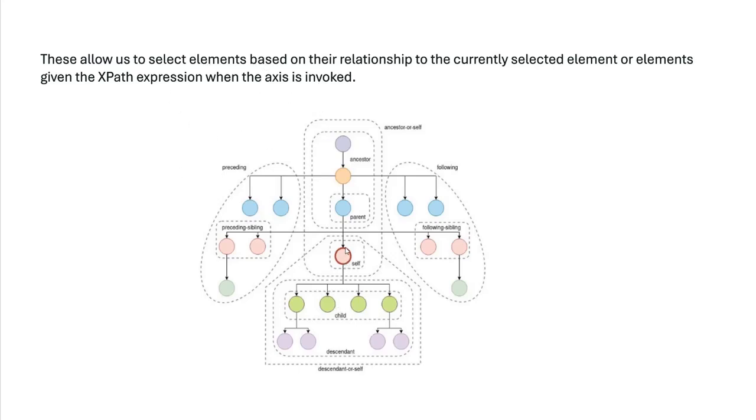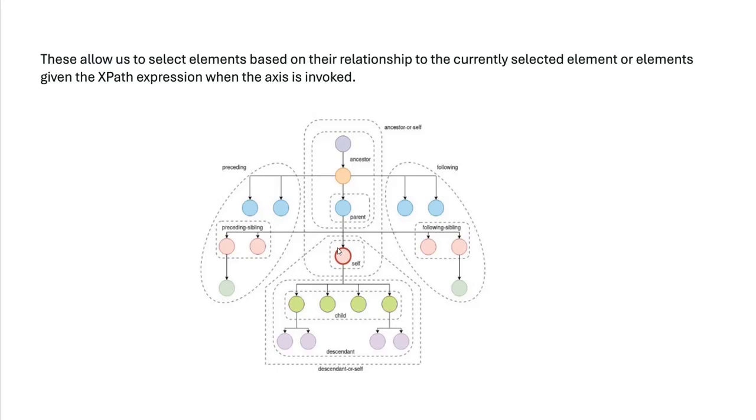Considering this figure, here you can see this self node. Imagine one particular element you are able to find. Using this self node, if I want to identify the parent node, how I can navigate is, after giving the self node, give the parent node. That's how you will be able to identify the parent node of the element.